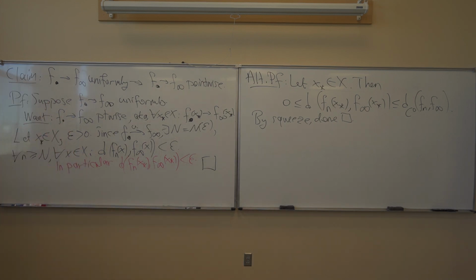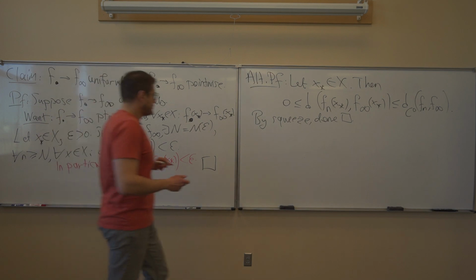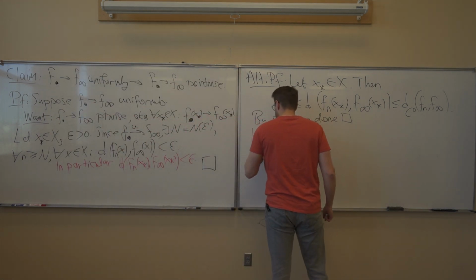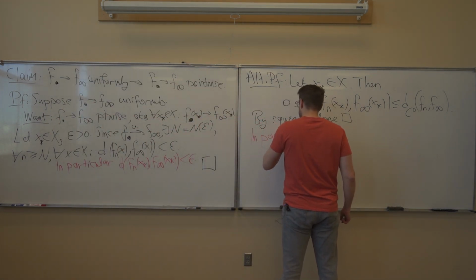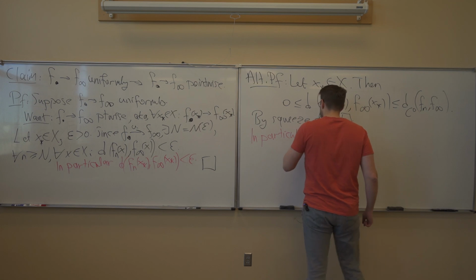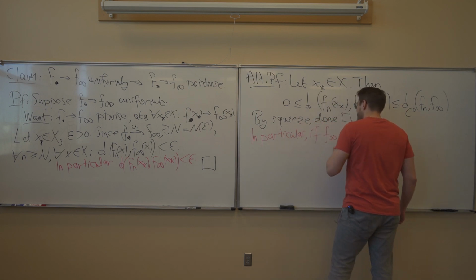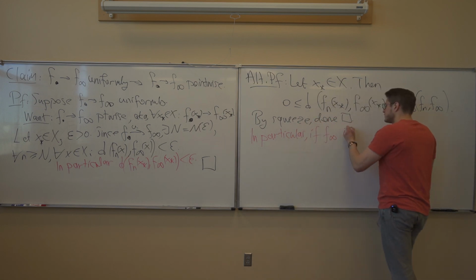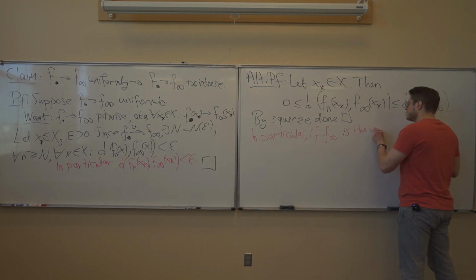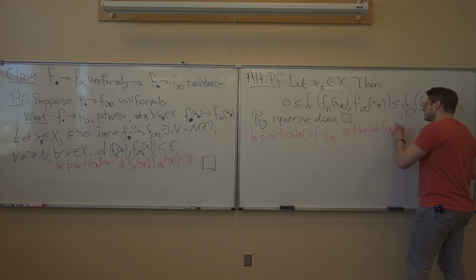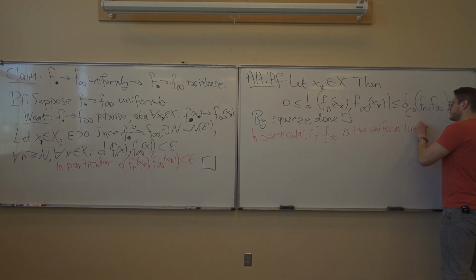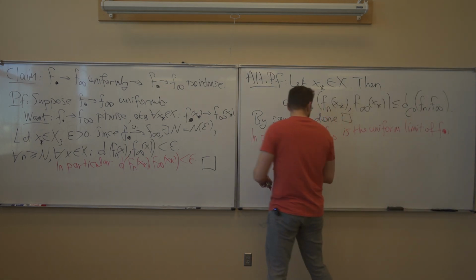So in particular, if f infinity is the uniform limit of f bullet, then it is also the pointwise limit.